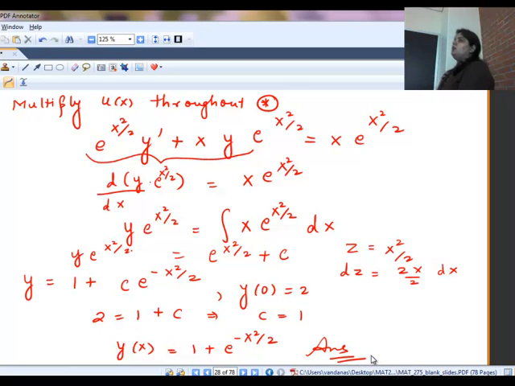That's it. So given a differential equation, you first find the integrating factor. Once you have that integrating factor, you multiply throughout in the differential equation. And once you multiply it, it automatically converts the left two terms into the function y times e to the x square over 2.